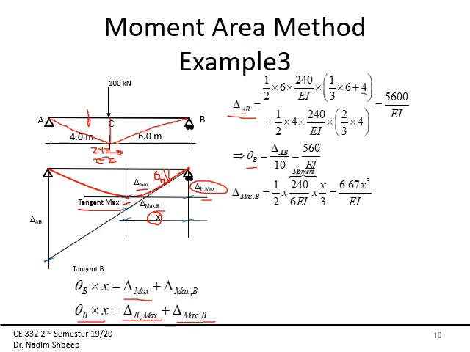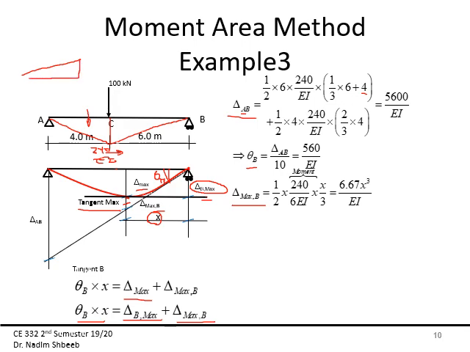So far, so good. Okay, now let's find delta max B again. Now here I'm going to take the moment about the maximum point. I'm just going to give you a hint.